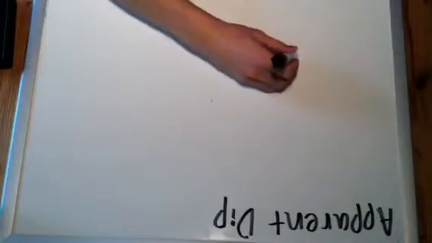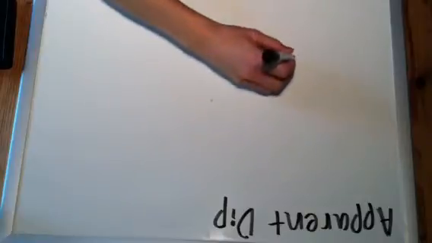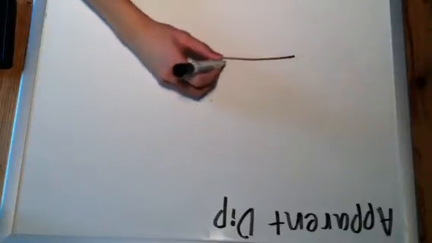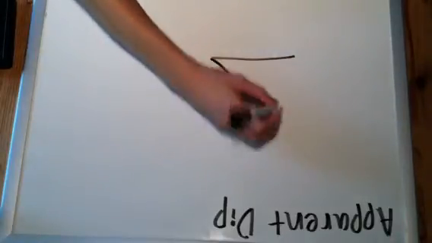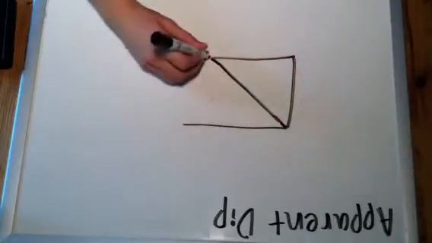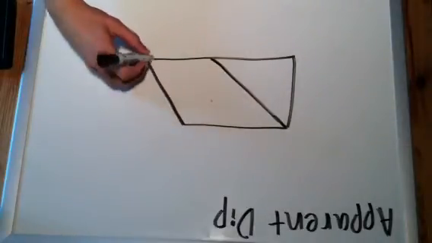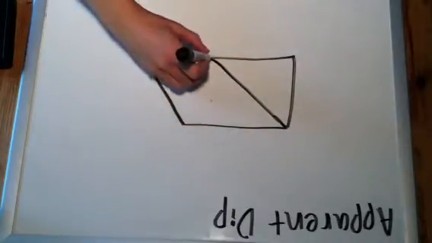So if we've got another generic block diagram, something that looks kind of like just another triangle, something like that.